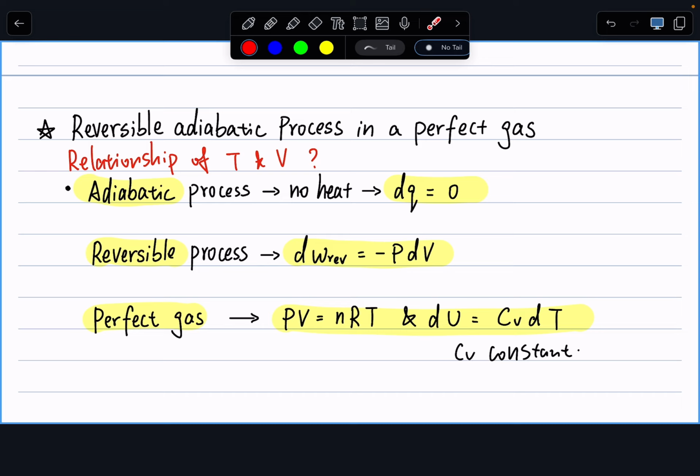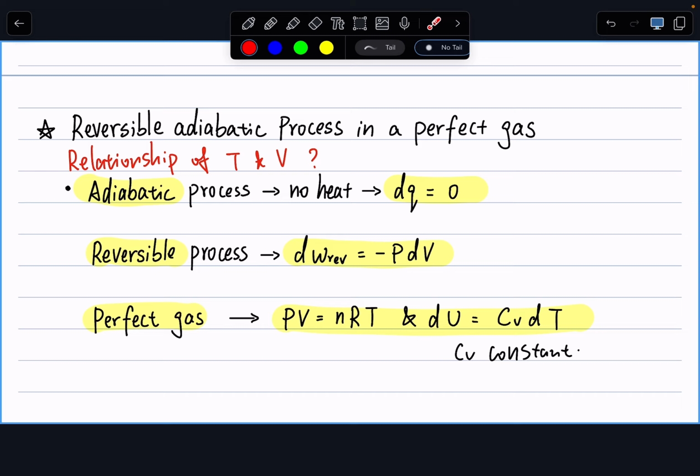And we're talking about a relationship between volume and temperature. So let's move volume with volume, temperature with temperature, and move all the constant terms to one side of the equation. What we end up getting is Cv over T dT equals negative nR over V dV.